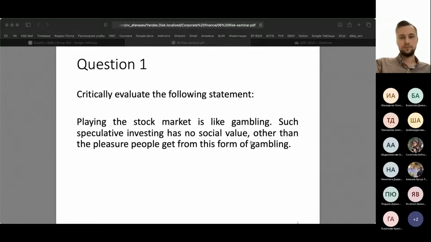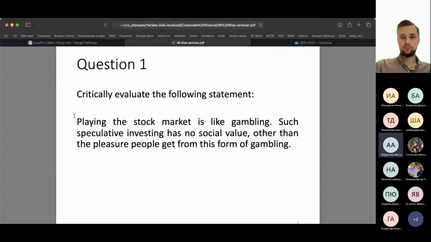Okay, Aruzhan. Well, I guess there is no right answer, just opinion. In my opinion, there is social value. Why? Because investing into some companies gives them finances in order to operate, maybe develop some new products and make the lives of people on the planet better. Who knows?